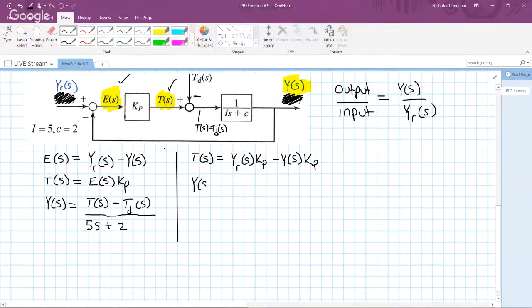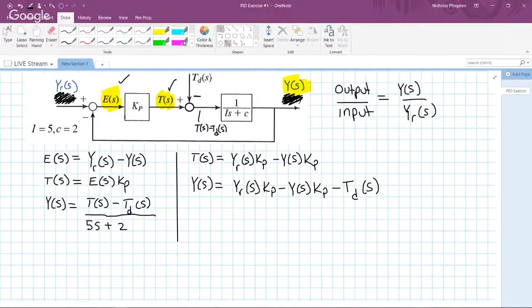Capital Y of S. And we're going to have capital Y sub R of S, KP, minus capital Y of S, KP, minus TD of S. And obviously this is all going to be over (5S plus 2).